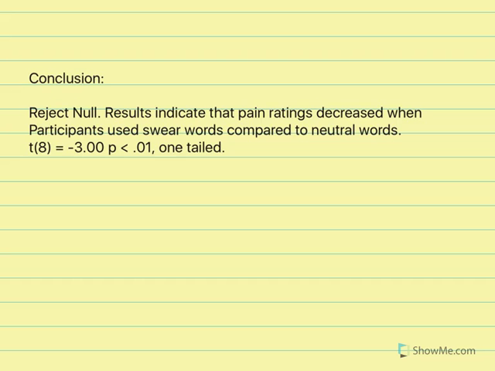We used a t-test to test this hypothesis with degrees of freedom equal to 8. Our t statistic was equal to -3. The probability of obtaining that t-value if the null were true is less than a 1% chance, which is where this p less than 0.01 comes from. And we engaged in a one-tailed test.